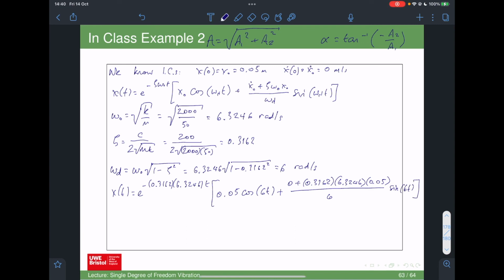Okay, there's our equation. And if you simplify it down, this is e to the minus 2t. So there's our equation. But it didn't ask for that, it asked for the equation in a different format.